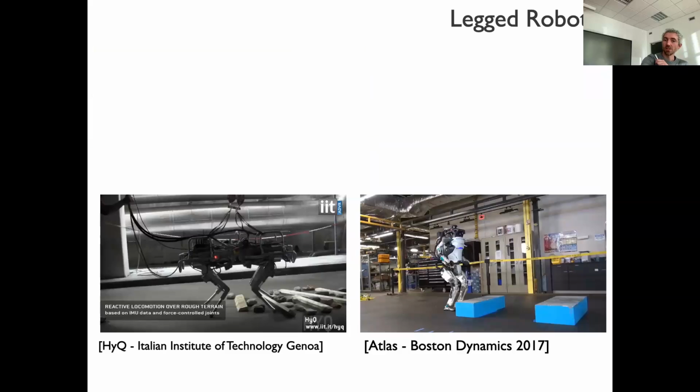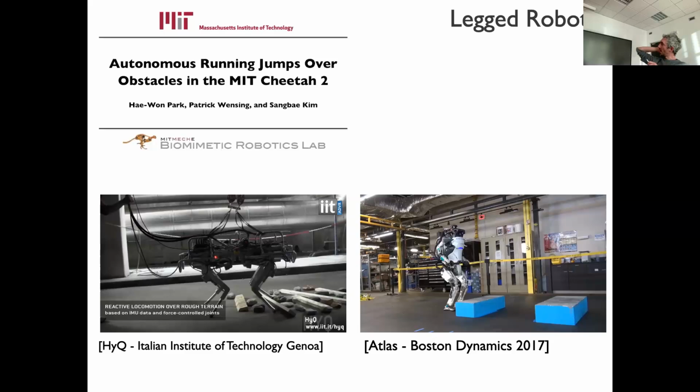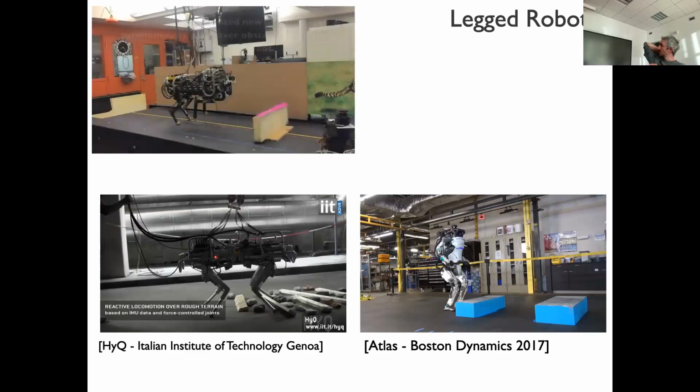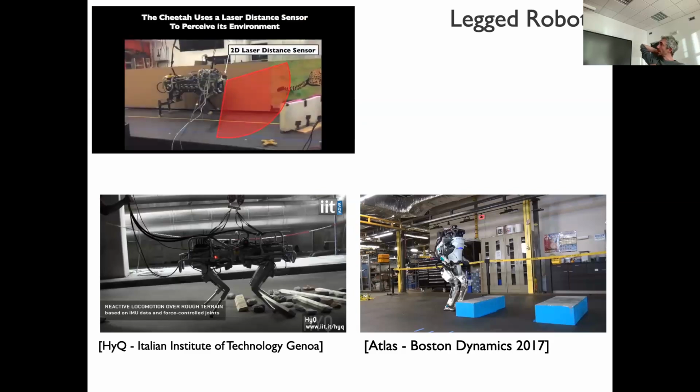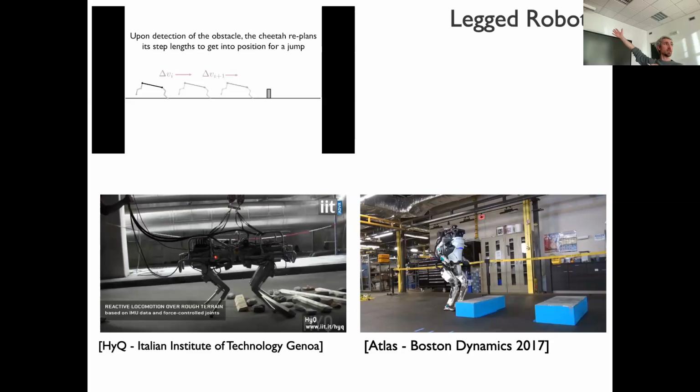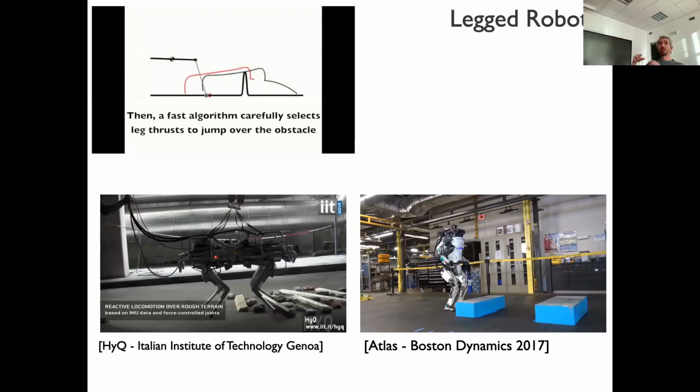And here are more recent examples. Top left, again MIT, but much more recent. This is probably 2016, something like that. It's another quadruped robot, the MIT Cheetah, which was very innovative for those years, and actually more or less all the quadruped robots that you can see nowadays, which are everywhere, are inspired by this robot in terms of hardware design.